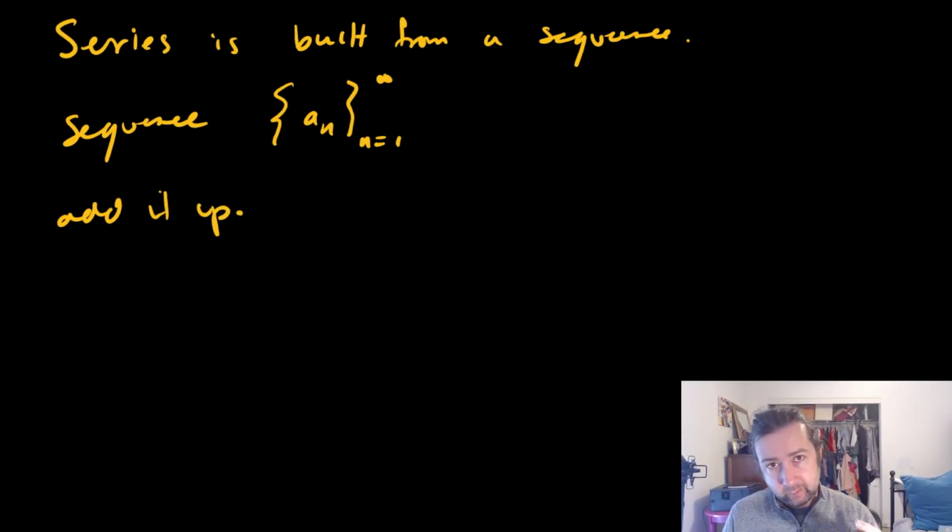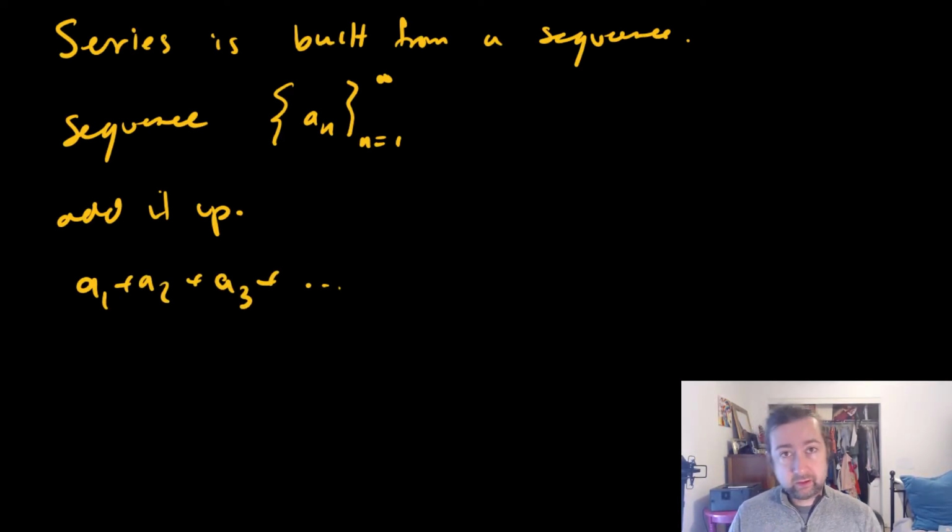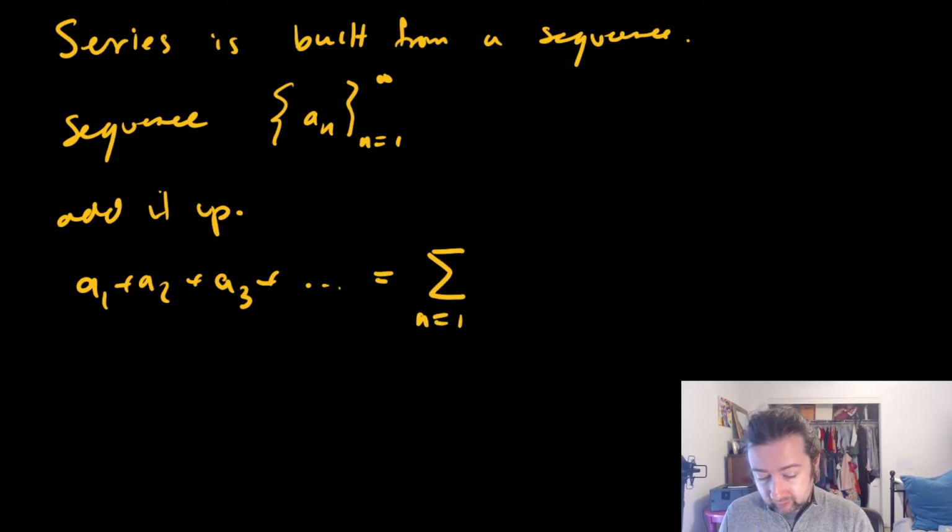So when we write down an infinite list or an infinite sequence and we add it, the way formally that we write that is like this. We write a1 plus a2 plus a3 and so on. And because it's annoying to write out huge sequences like this, we typically use a condensed notation, which is called sigma notation, which looks like this.